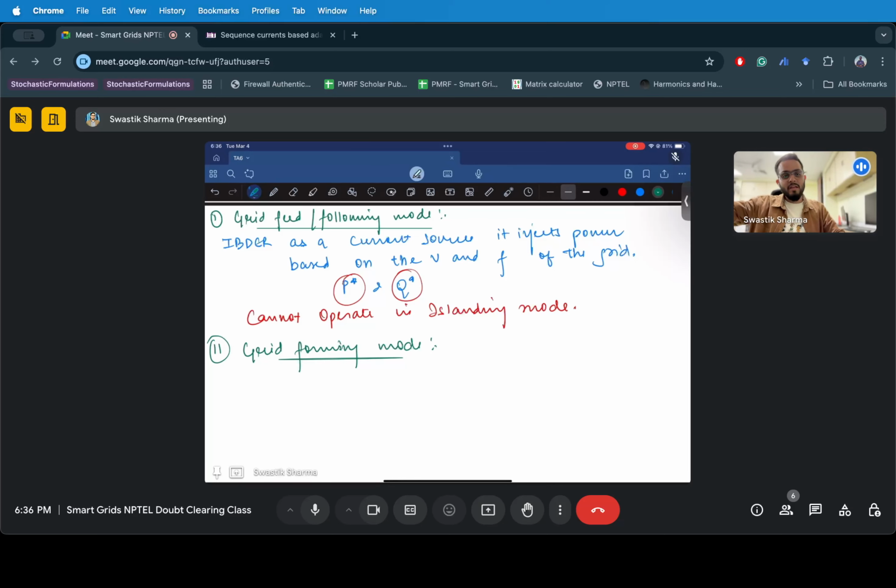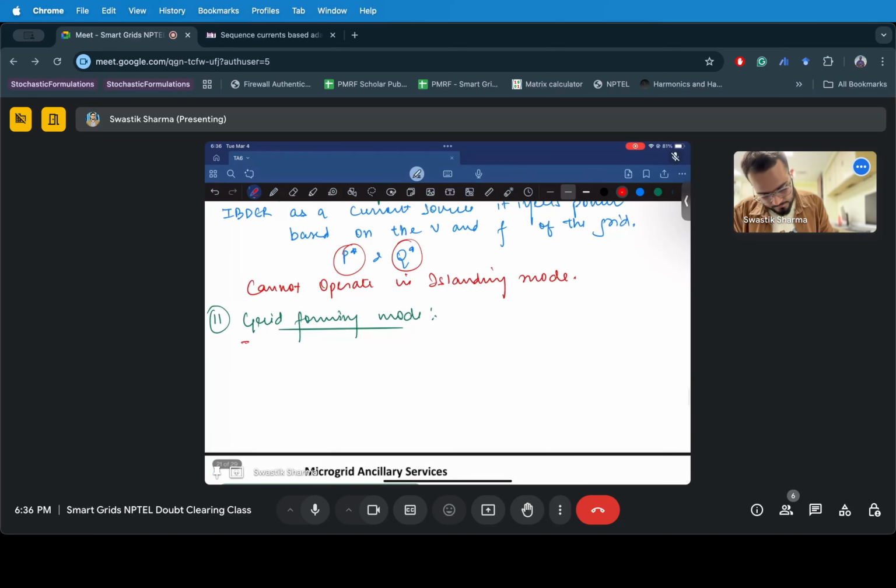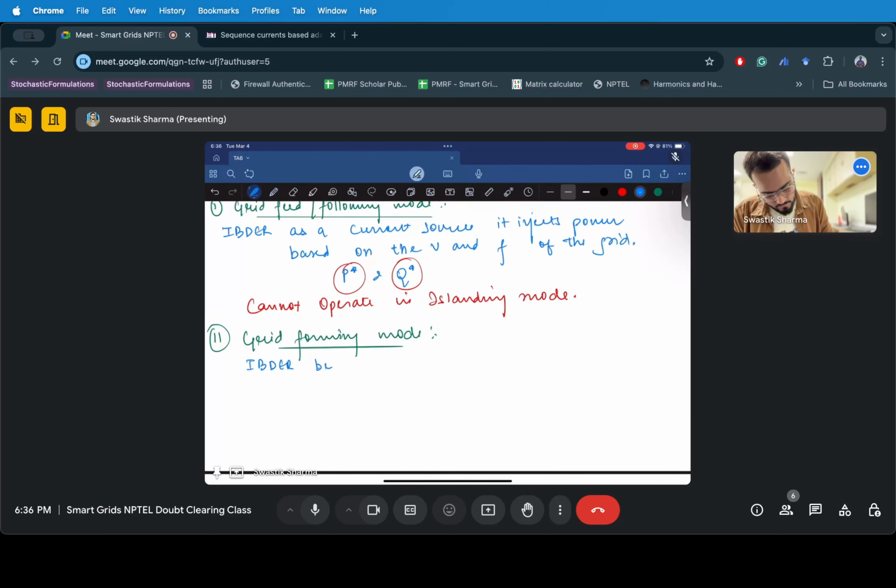So you can make your IBDR behave in such a way that it becomes a grid forming converter. IBDRs behave as a reference of V and F, right? So essentially they behave like a voltage source.